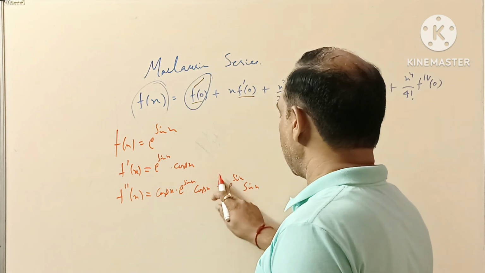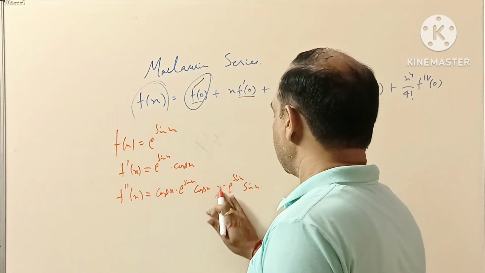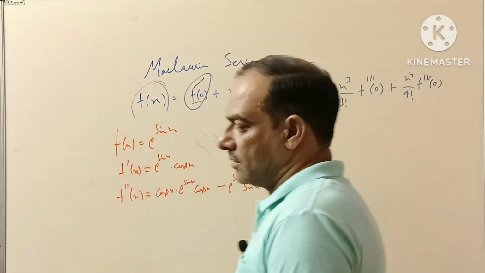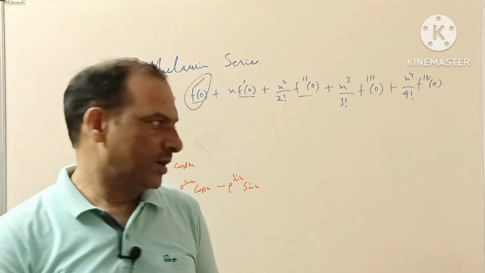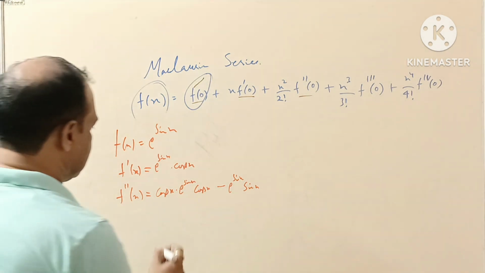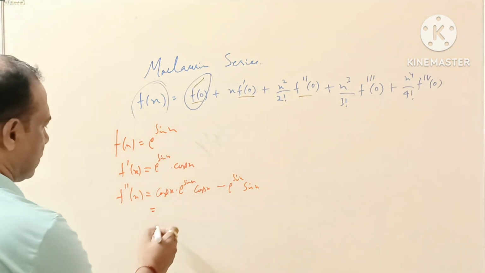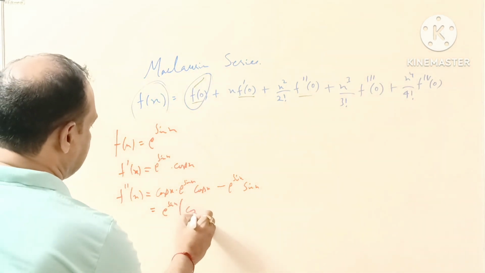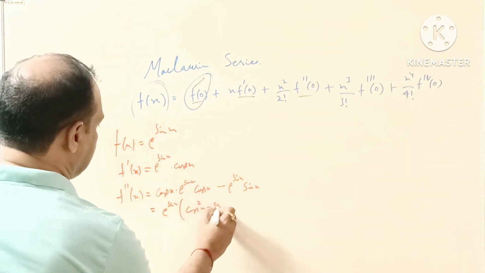Therefore, the sign of minus comes here. This is the part where I have done f double dash x. Now it can be rewritten as cos squared x, or we can take e to the power sin x outside, and in the bracket I will be having cos squared x minus sin x.